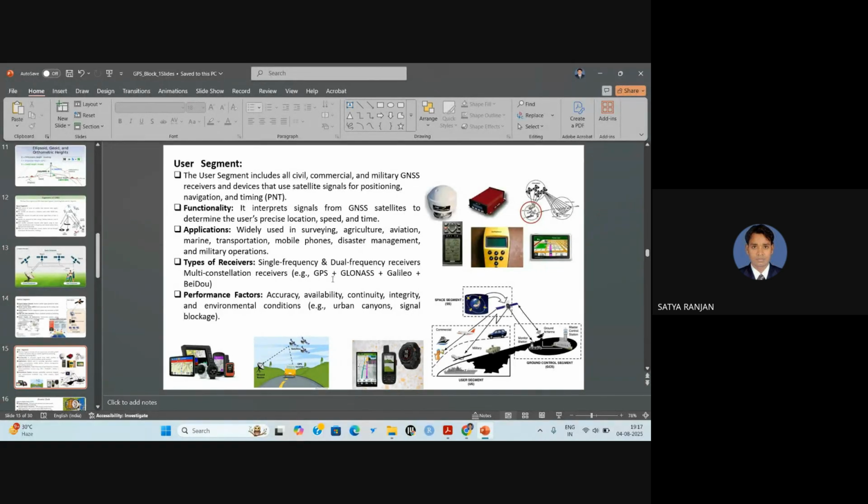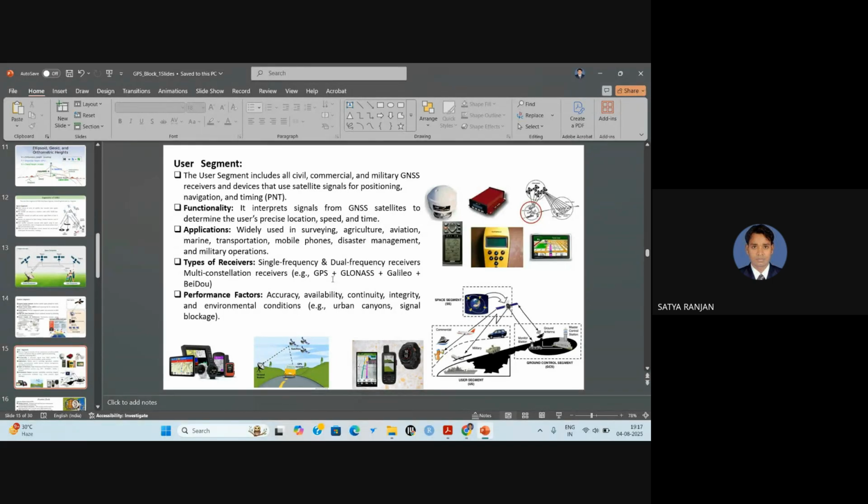Then applications widely used in surveying, agriculture, aviation, marine transportation. So generally wherever we use GPS systems, they are widely used. Then types of receiver: single frequency, dual frequency receivers, multi constellation receivers.